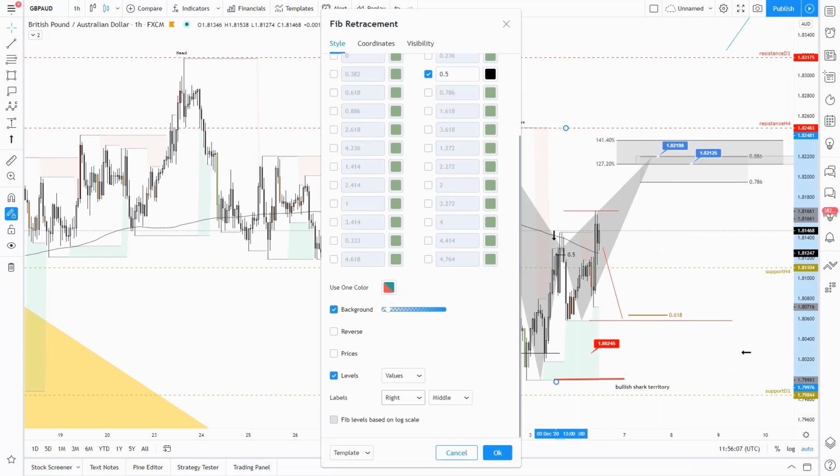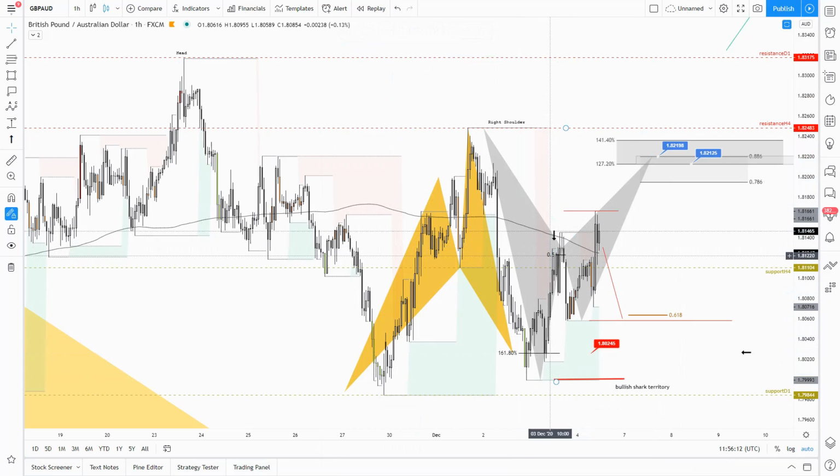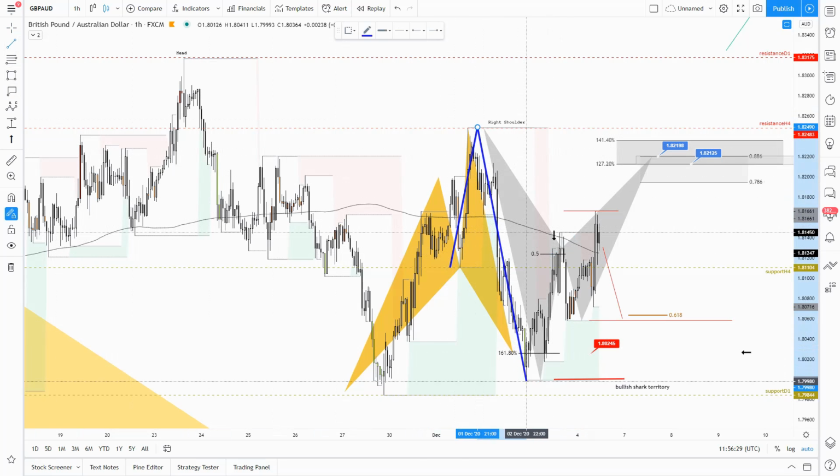Let me change this to the left side, and here there's a 50% Fib level. And yesterday we were approaching that Fibonacci level, and I was saying, okay, we have there the bearish 5-0 sequence, so let's not ignore that retracement from these levels.